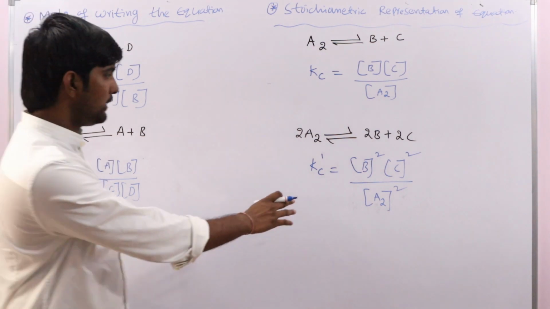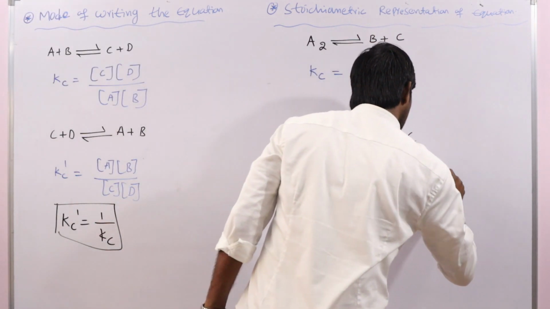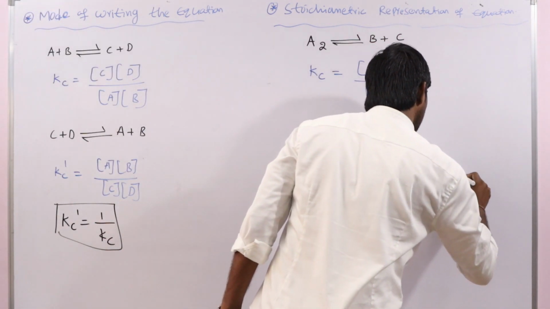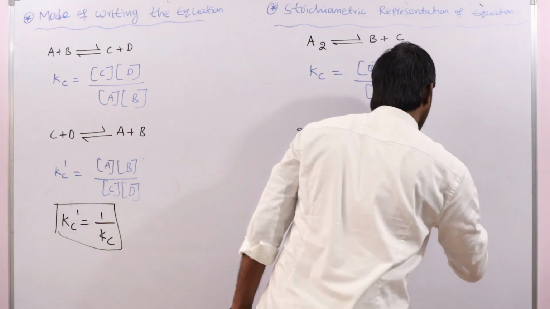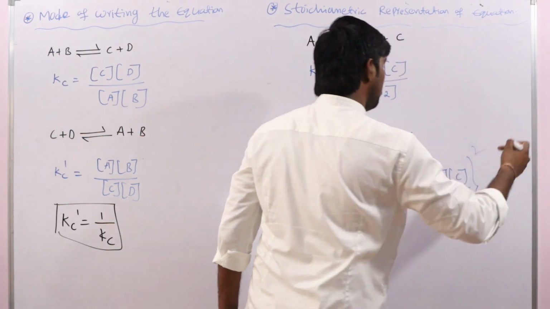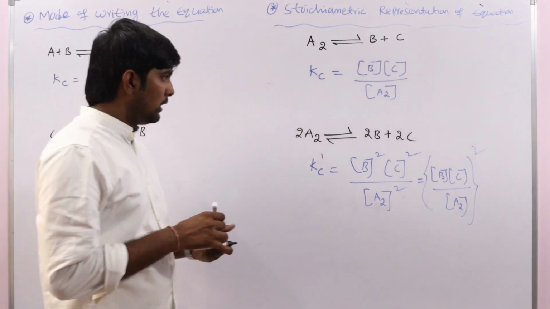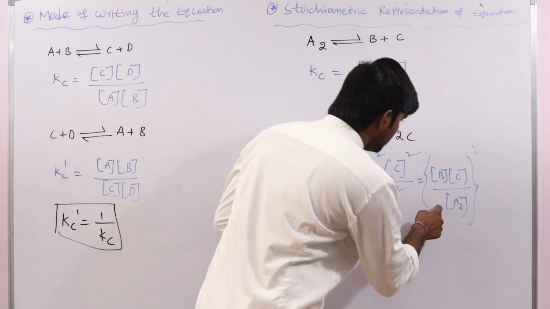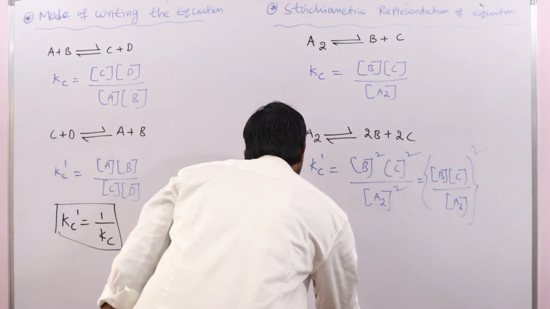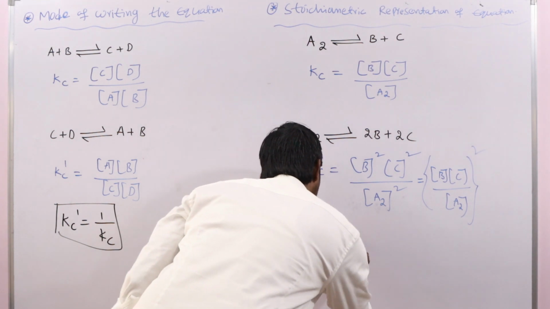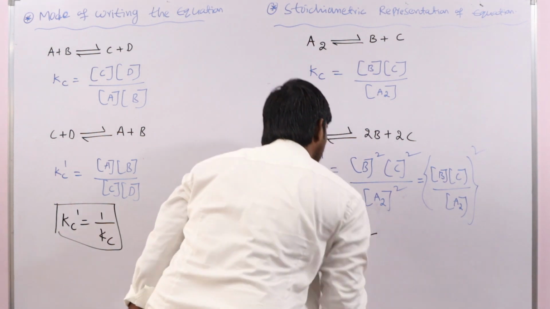We can write this as concentration of B into concentration of C by concentration of A2, whole squared. Now observe this one, this is exactly the same expression as Kc. So therefore we can write Kc dash equals Kc power 2.